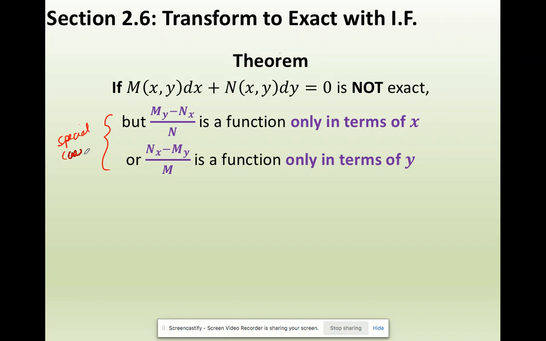If you find the mixed partials and make these ratios, and you find that either this ratio, the partial of M with respect to y minus the partial of N with respect to x, all divided by N, not a partial, just N, has all of the y's cancel out and you only have x's left, or you do a second ratio where you have the partial of N with respect to x and the partial of M with respect to y all over the original M, and you get all the x's to cancel out and you only have y's left, if you have that special case after you know you're not exact, well, then your integrating factor looks like that.